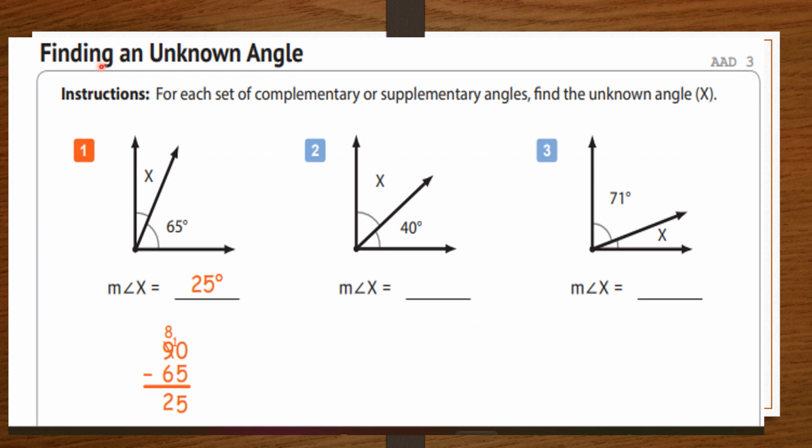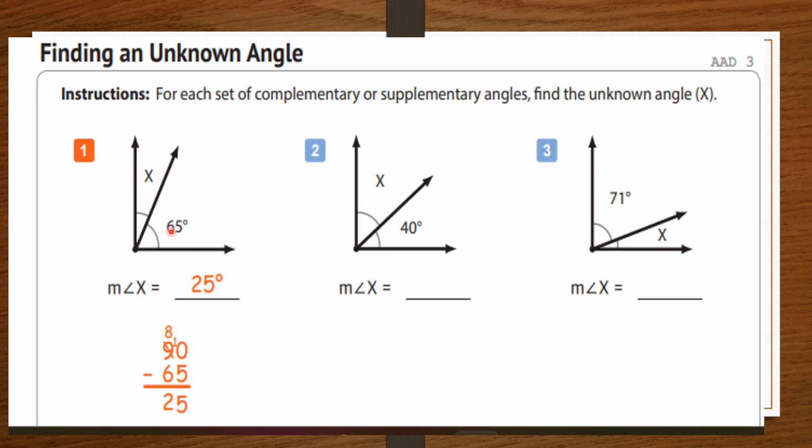Now let's find the unknown angle. For each set of complementary or supplementary angles, find the unknown x. What is a complementary angle? Like it says, it suggests two angles whose measures total 90 degrees.